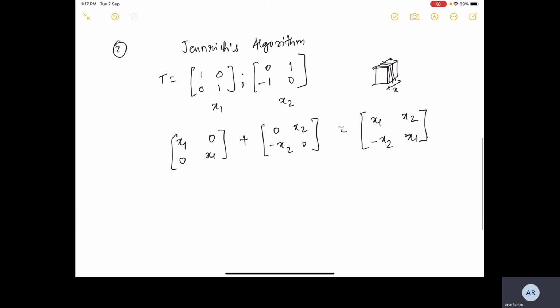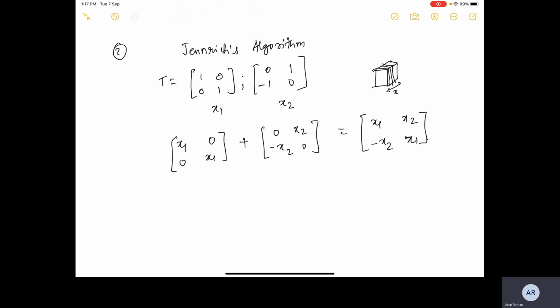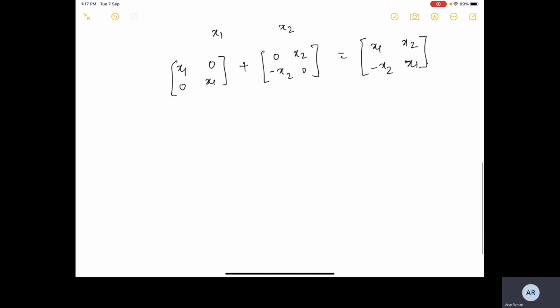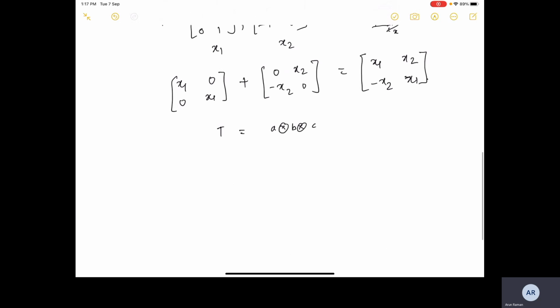So in the lecture what he is telling is that we can also perform this operation in the decomposition. Our objective is that we want to decompose the tensor into a tensor product of three vectors, summed over all i.